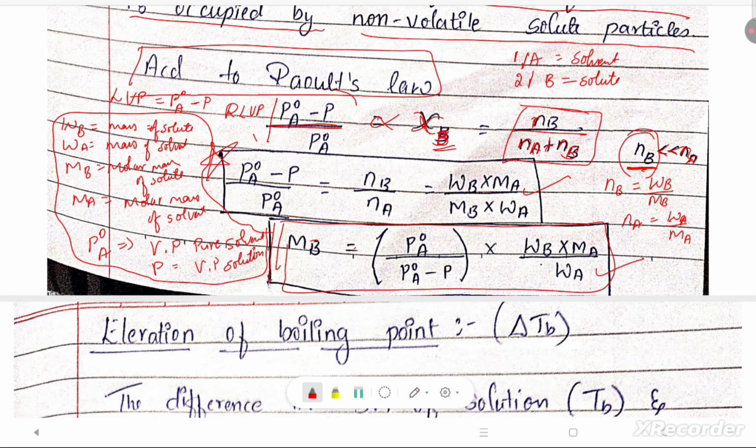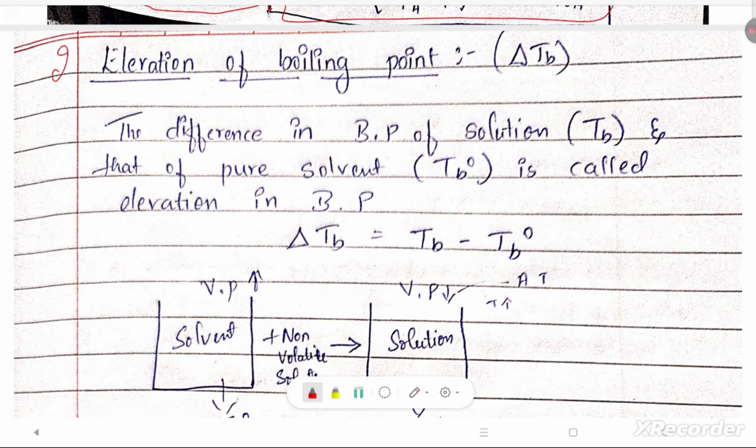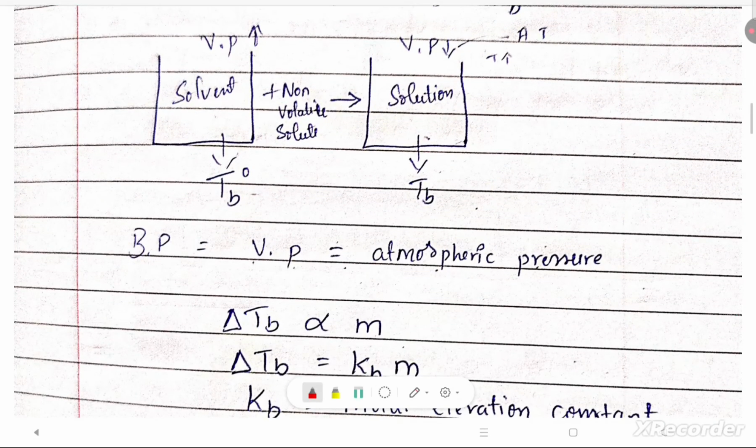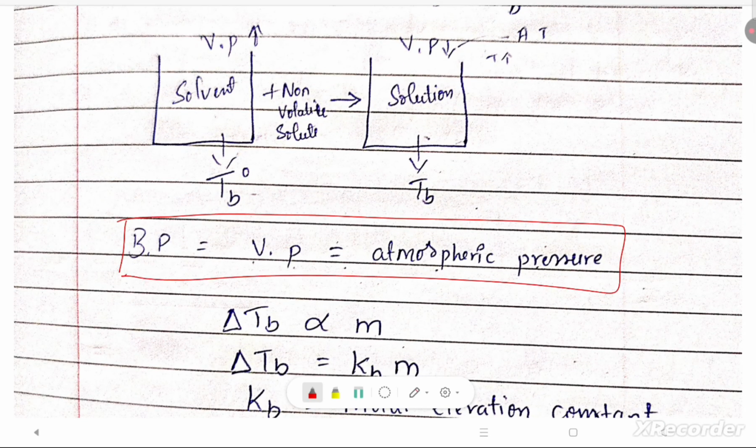Then the second colligative property is elevation of boiling point. We can denote it by delta Tb. Okay. So before moving to elevation of boiling point, first understand what is boiling point. Boiling point means when vapor pressure is equal to atmospheric pressure.